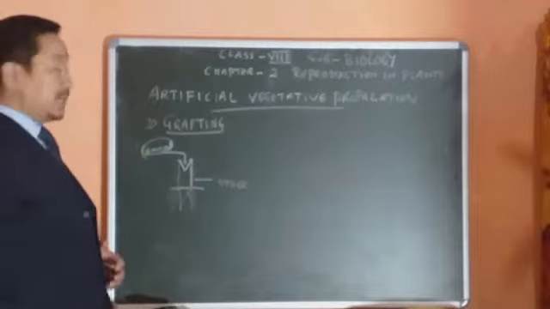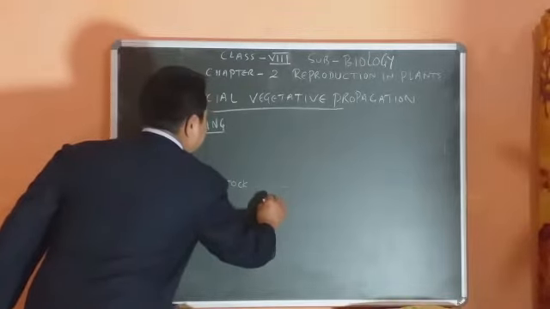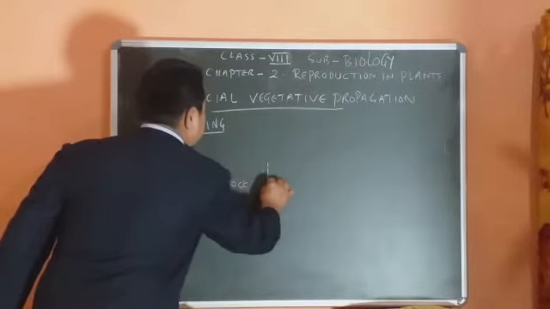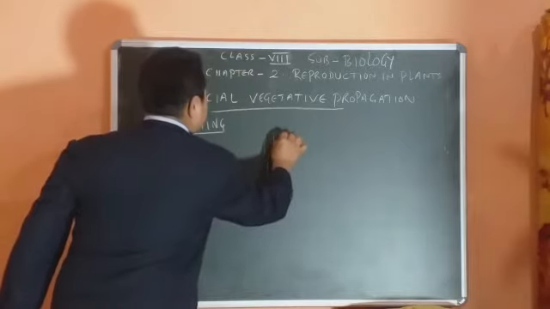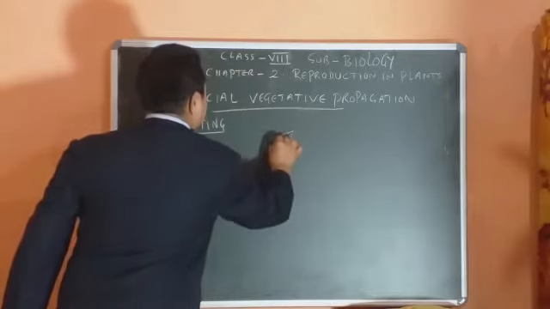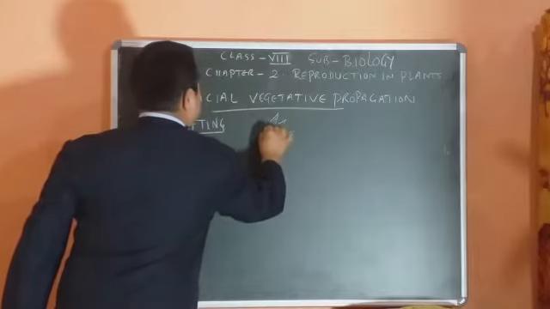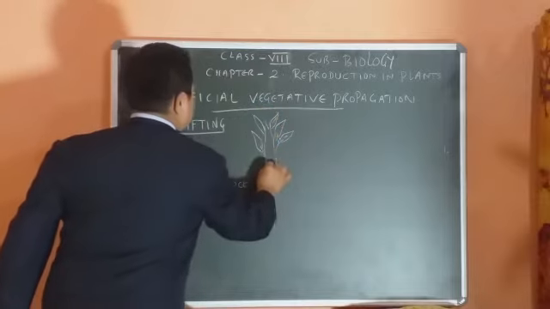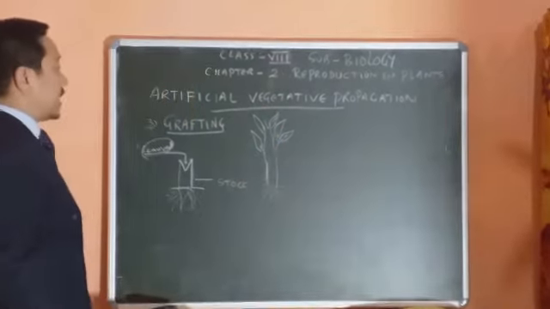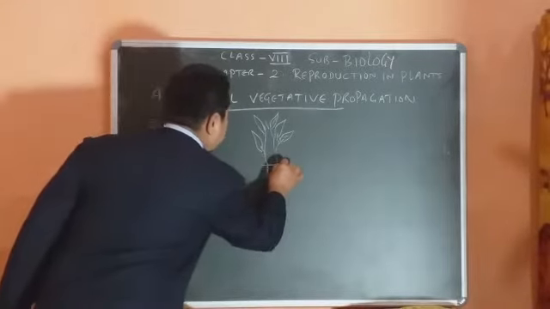Then on the other side, the other variety of the plant is selected, and they are growing here. What you can do here is cut it here.